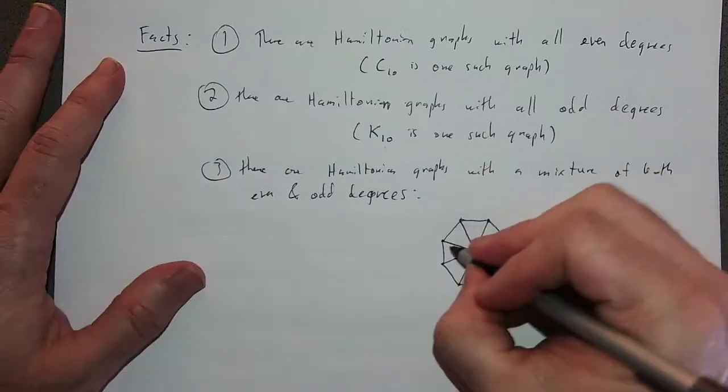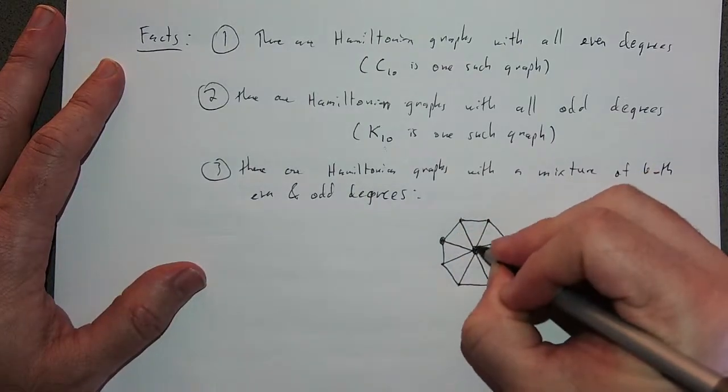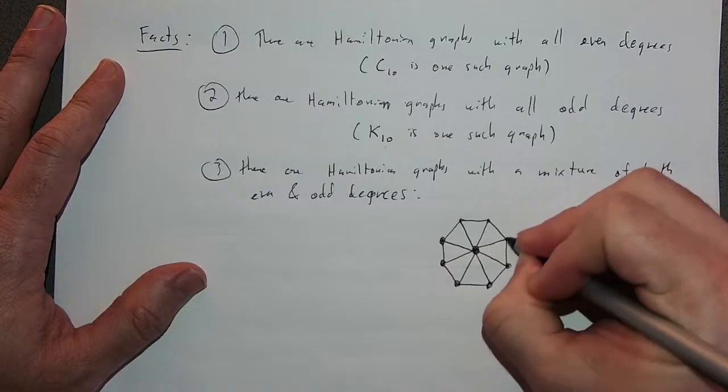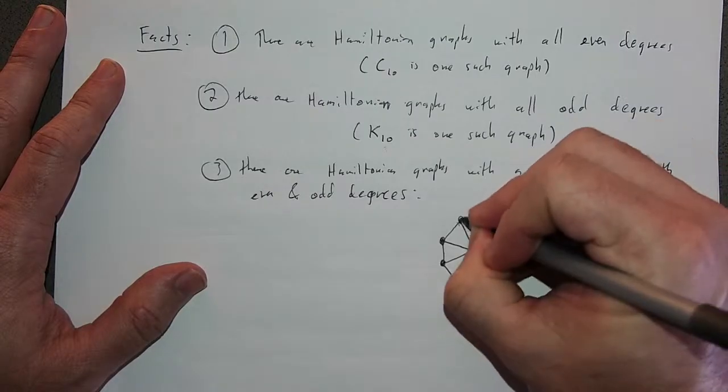Okay, so here's our graph. Let me really make clear where the vertices are.